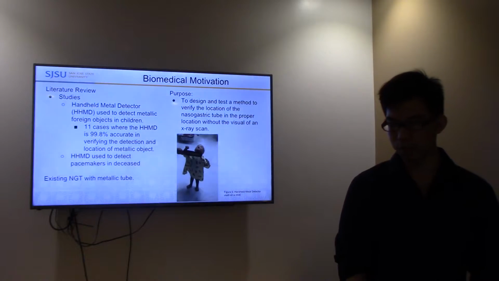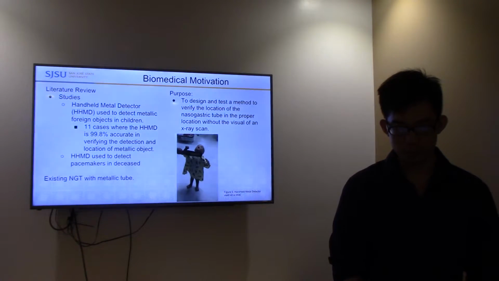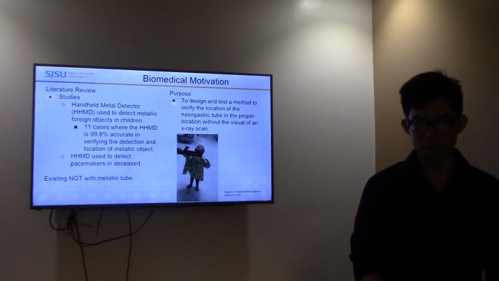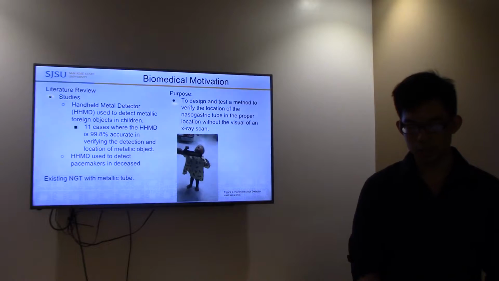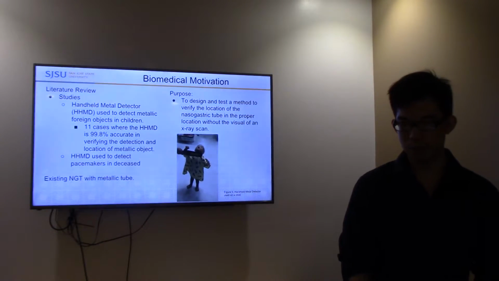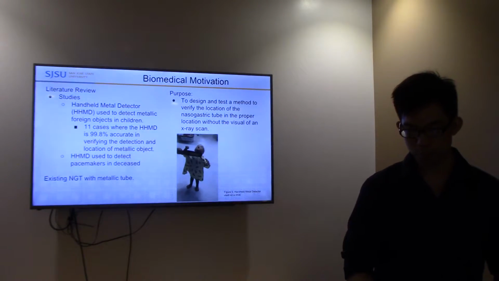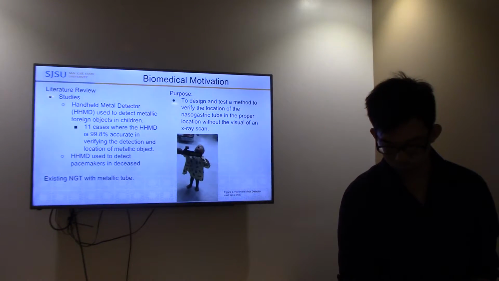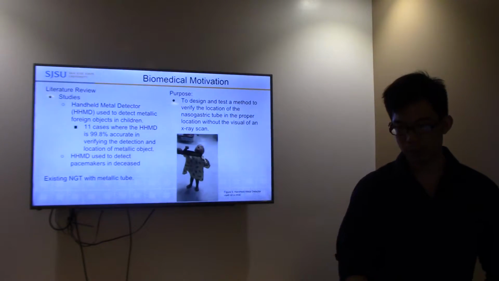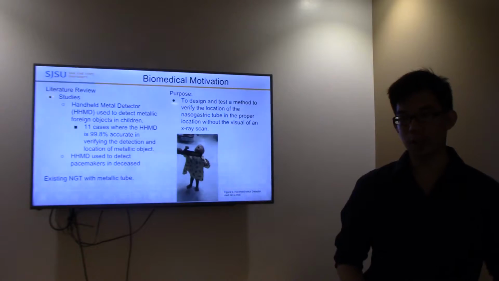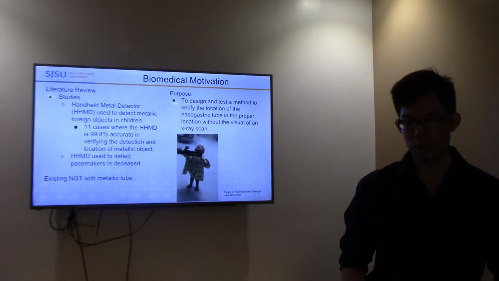It's called a kangaroo NG tube. And we also found out that you can use handheld metal detectors to find pacemakers in cadavers, so they can remove the pacemakers before they cremate or bury them. And so our purpose is to design a method to verify the location of the tube without using the x-ray.